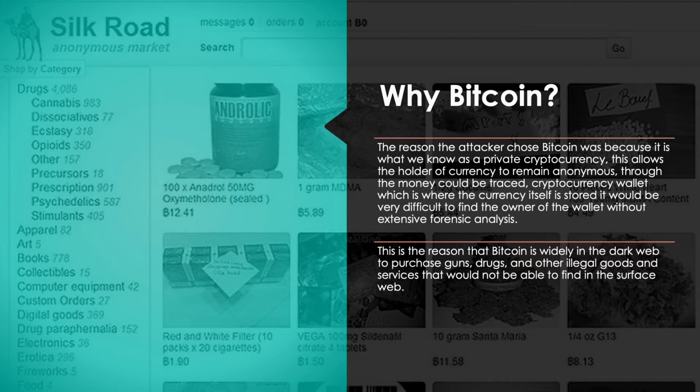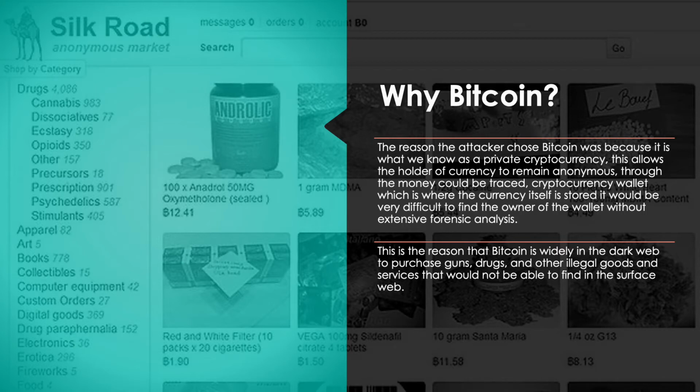The reason the attacker chose bitcoins was because it is what we know as a private cryptocurrency. This allows the holder of the currency to remain anonymous. Though the money could be traced, with the cryptocurrency wallet, which is where the currency itself is stored, it would be very difficult to find the owner of the wallet without extensive forensic analysis.